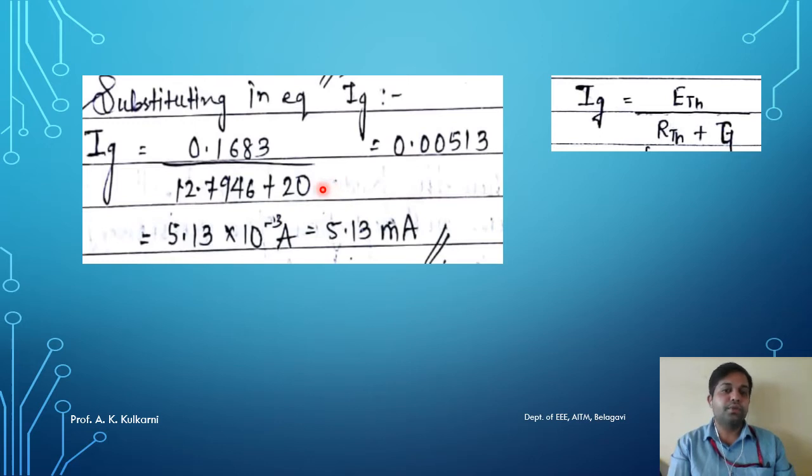So now substitute in this equation to find out the current flowing through the galvanometer. So this is the current which is flowing through the galvanometer, that is 0.0051 ampere or 5.13 milliampere.